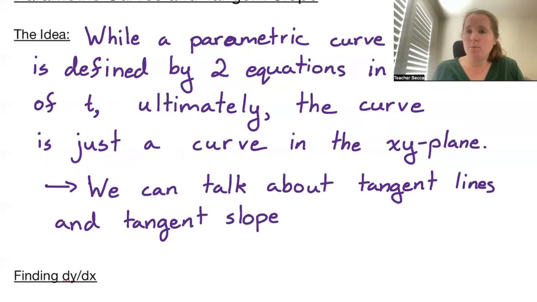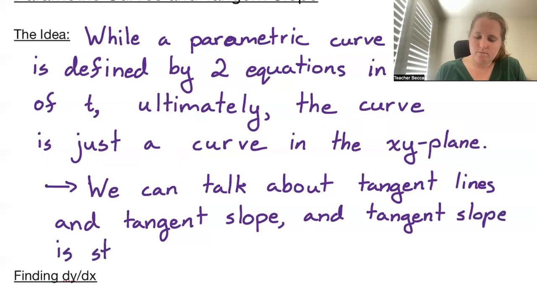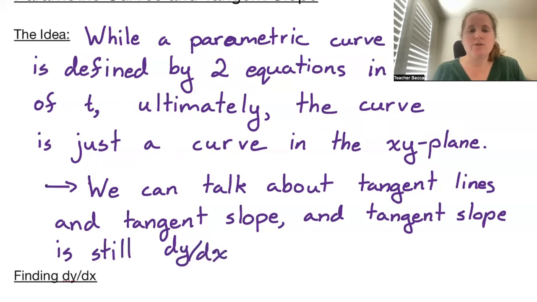And tangent slope should still be dy dx, how y changes in relation to x. So the question becomes essentially, how do we find dy dx when we have two separate equations, both in terms of t?